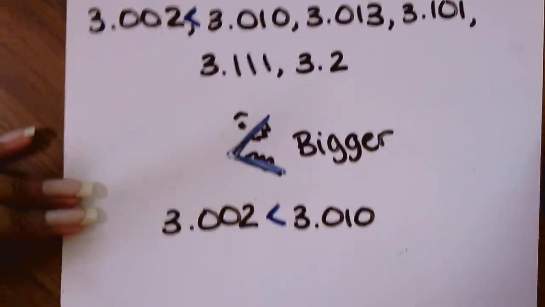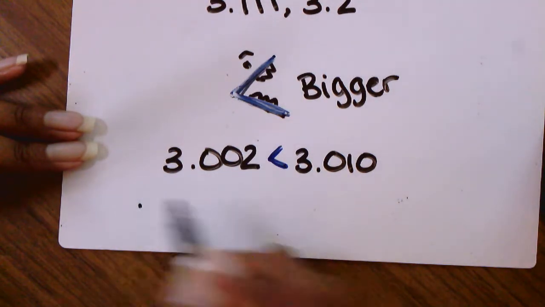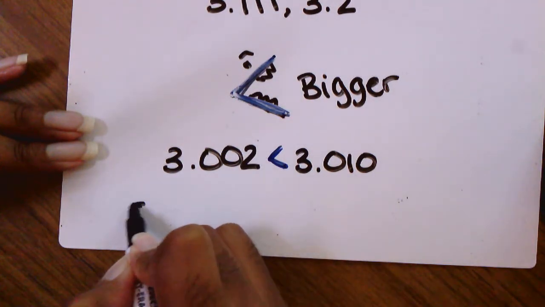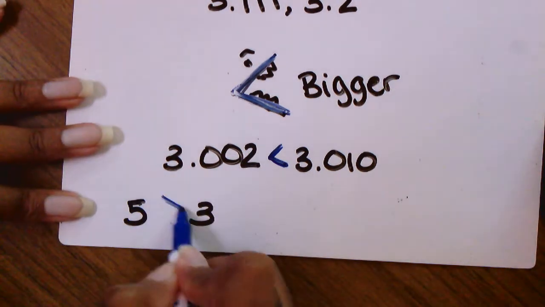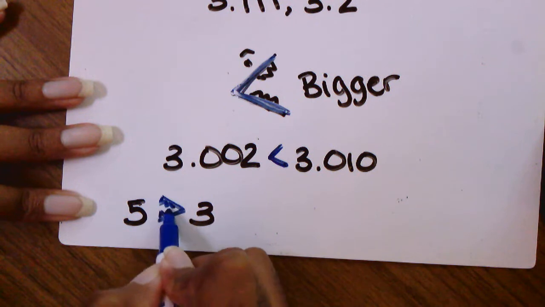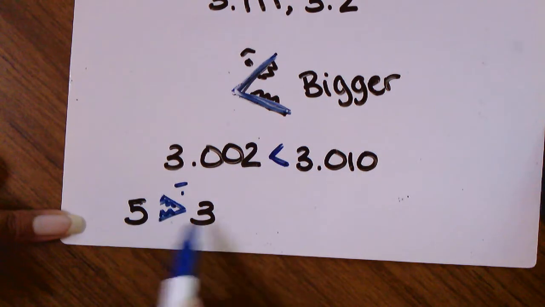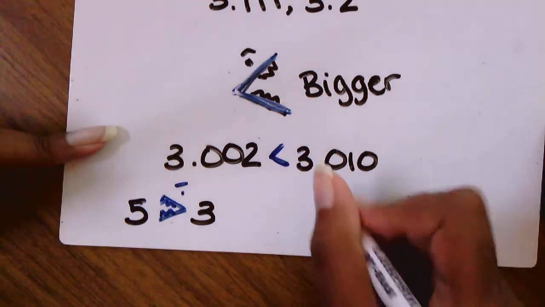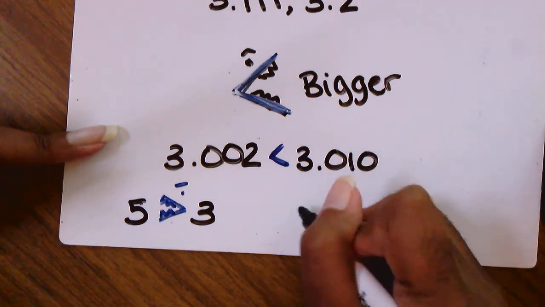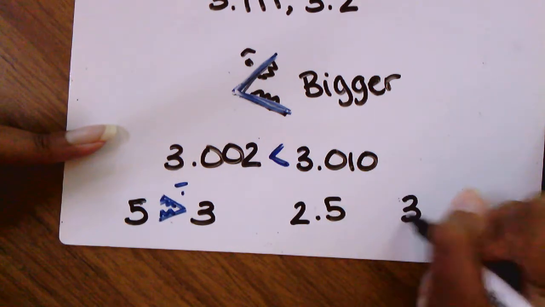Just a couple more examples for inequality signs. If we wanted to compare the number 5 and the number 3, our alligator is always going to be eating our bigger number. We know that 5 is greater than 3, or we can say that 3 is less than 5. Let's say we wanted to compare 2.5 and 3.7.